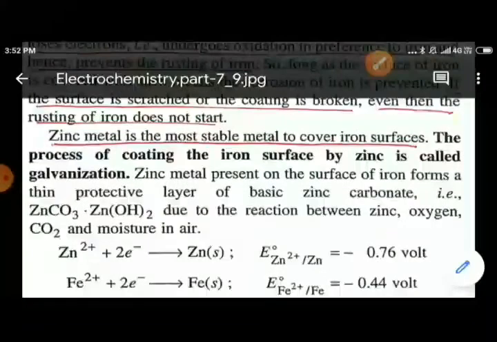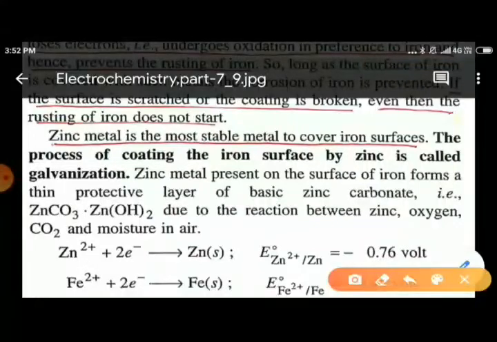If we write the reaction to coat the iron with zinc: in electroplating, iron is taken as the cathode and zinc as the anode. Since zinc works as the anode, oxidation takes place there, and iron, which works as the cathode, undergoes reduction.